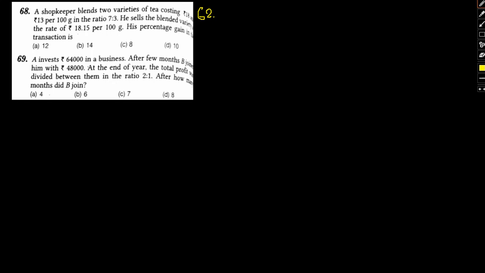So we are to say I have two teas, A and B. One is being sold at, say, per 100 gram. So this is being sold at rupees 18 CP per 100 grams, and this one is sold at rupees 13 per 100 grams.